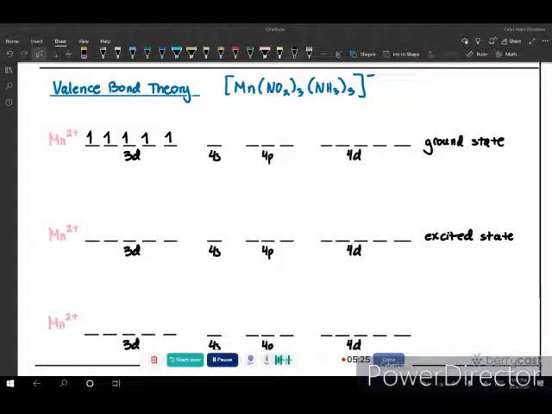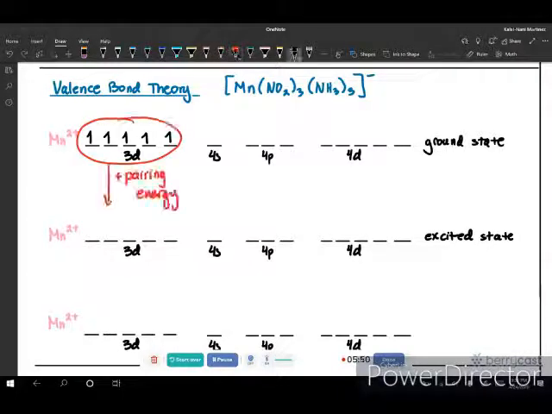I drew how the 5 orbitals appear in manganese. However, this doesn't demonstrate the paired property that we mentioned earlier, so we need to add pairing energy in order to pair the electrons. And because we are adding pairing energy, that takes manganese to an excited state.